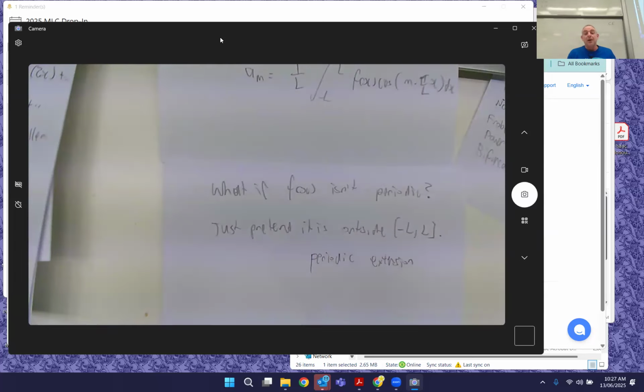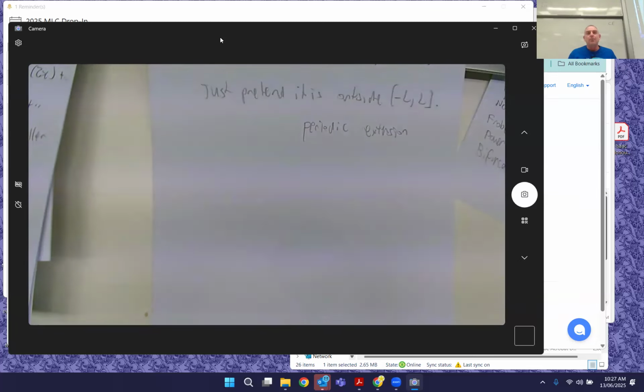And actually, even better, what if it doesn't even go from minus L to L and goes from 0 to L? That's okay. Just pretend it's periodic outside minus L to L, and then pretend it's odd or even in the other half, and then you'll be fine. They go on and on about periodic extensions in these courses, and it's something that the lecturer wants you to know how to do. But no one really cares, right?